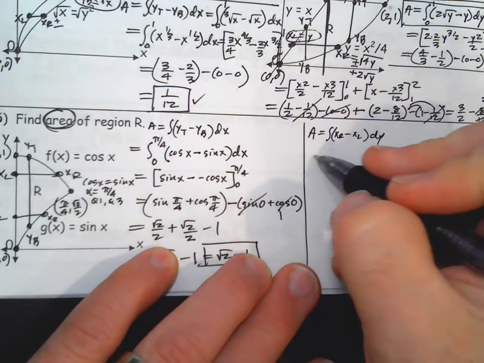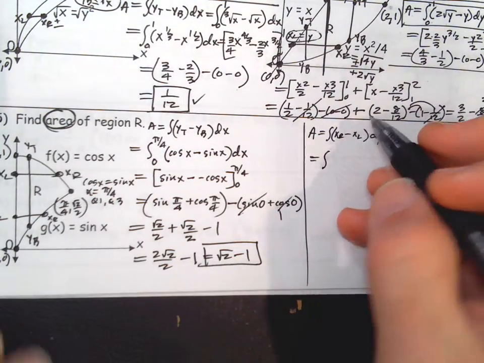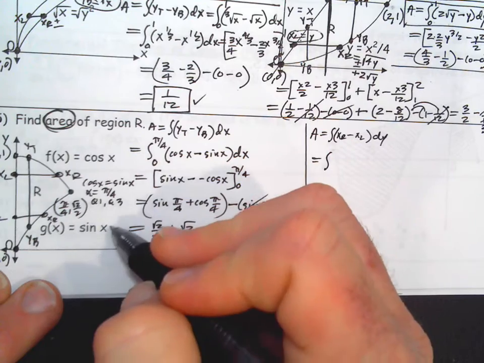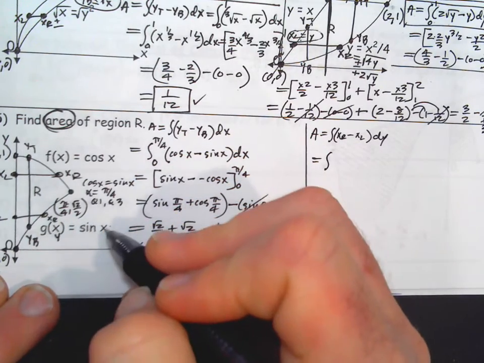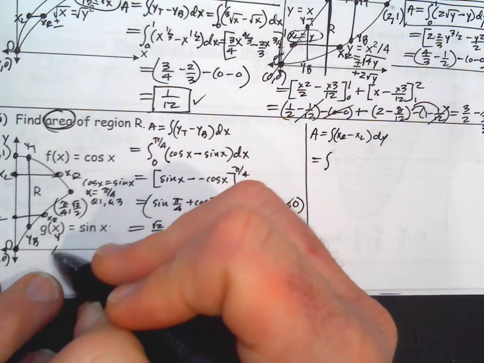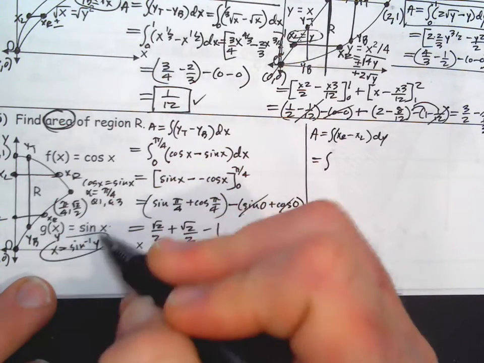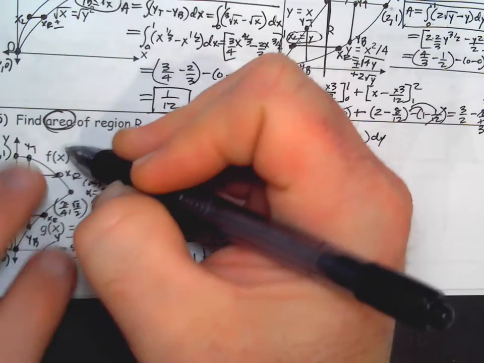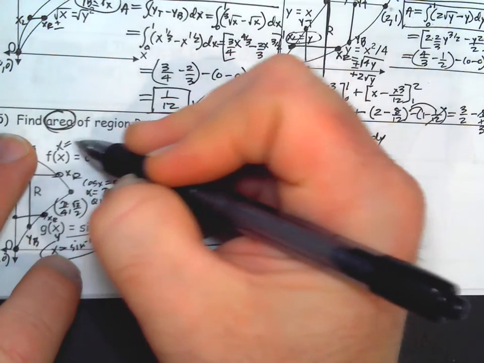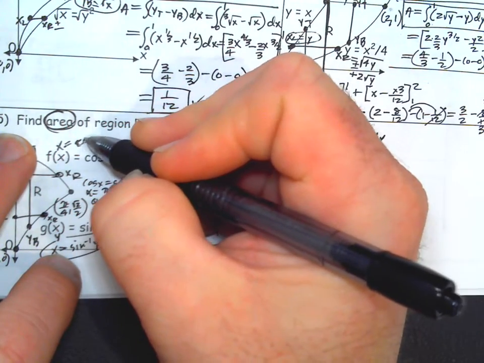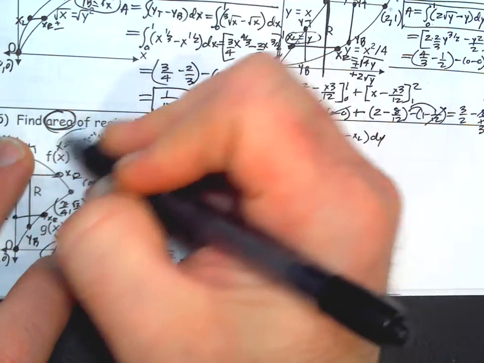But we're going to have to break it up. We got to solve this in terms of y. So that'd be x equals inverse sine of y. That's that x right. This one up here, x equals inverse cosine of y. That's that x right.